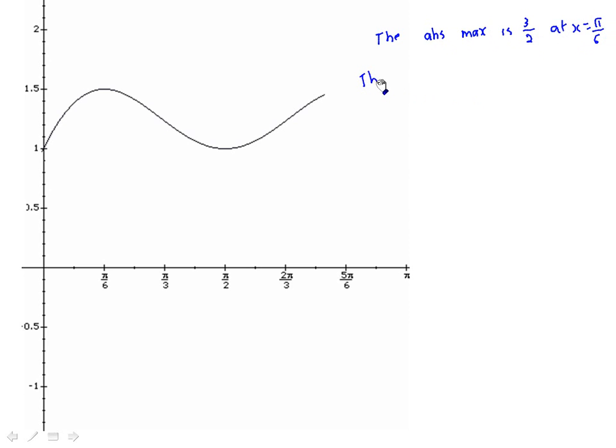The absolute min is 1 at x equals 0 and x equal pi over 2. So it works the regular way.